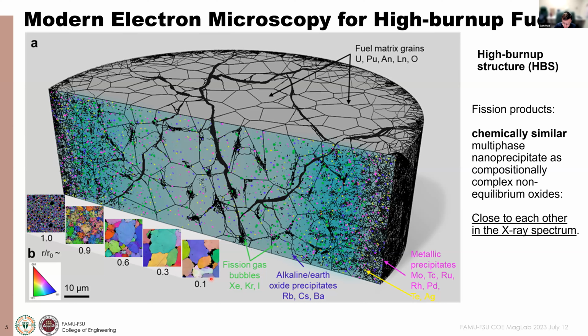If you don't have a background in irradiated materials, you have transmutations of different fission products, forming a lot of fission gas bubbles and multi-component precipitates, usually consisting of molybdenum and other transition metals.